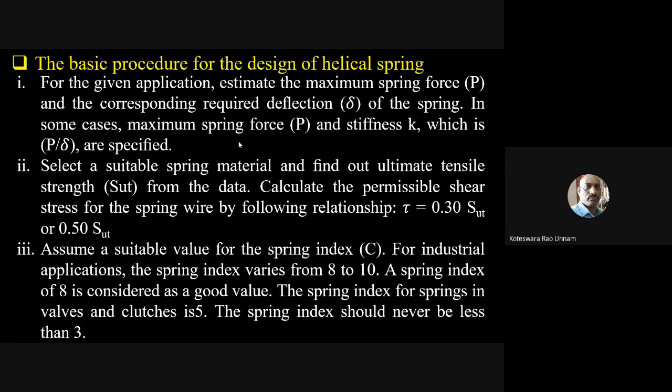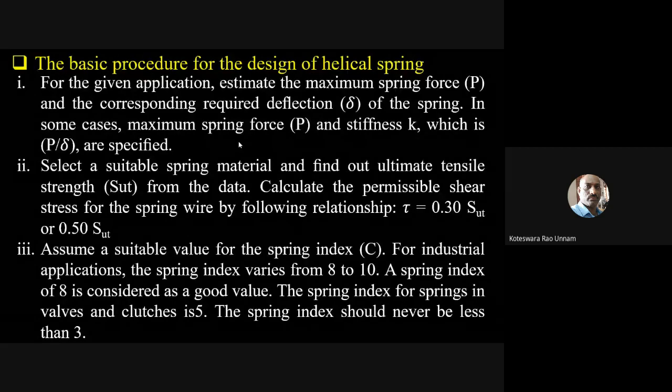Then in the second stage, we'll select the suitable spring material. Once you select the suitable spring material, from that we can find out the allowable shear stress for the material. So select a suitable spring material and find out the ultimate tensile strength from the data. Once you select the material for the spring, using your data book or from the literature, you need to find out the strength, but in the data book you won't get the torsional shear strength.